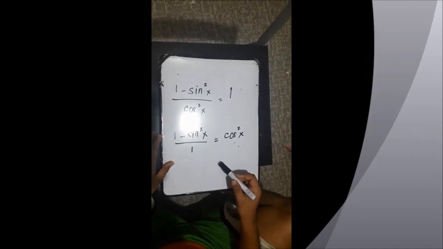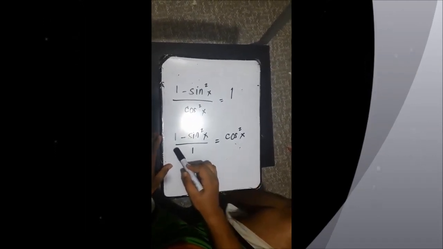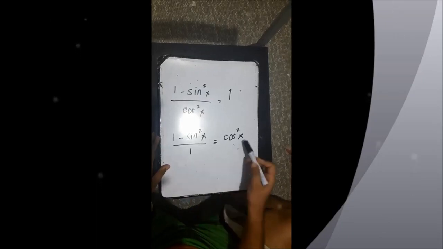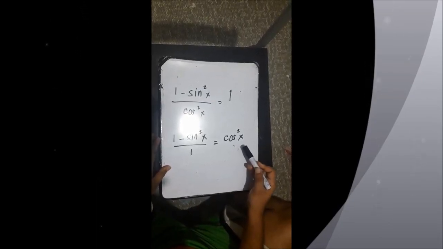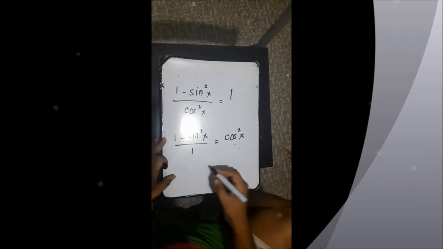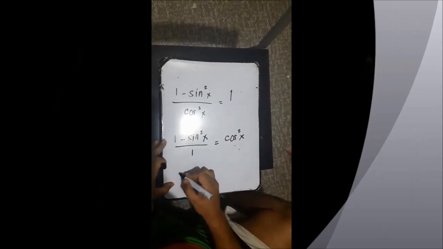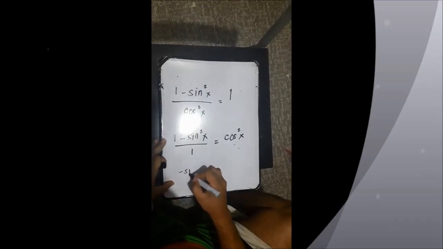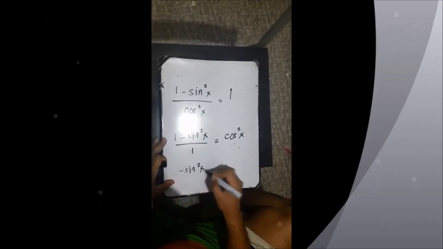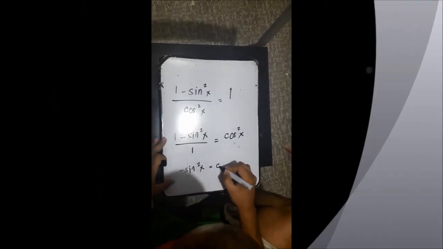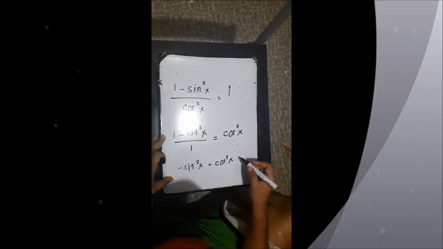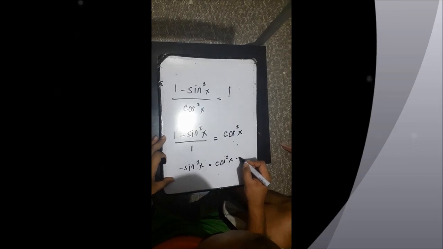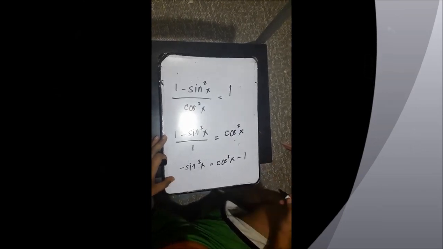Now after this, I can transpose 1 to the right side of the equation, beside cosine squared. So I will be left with negative sine squared x is equal to cosine squared x, and since I'm transposing 1, I will get negative or minus 1.